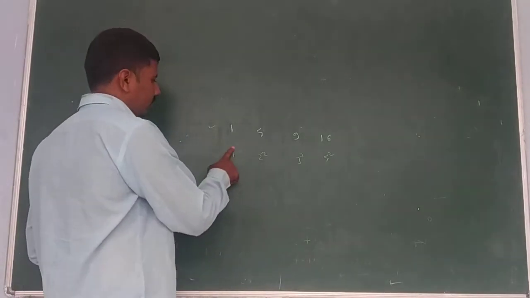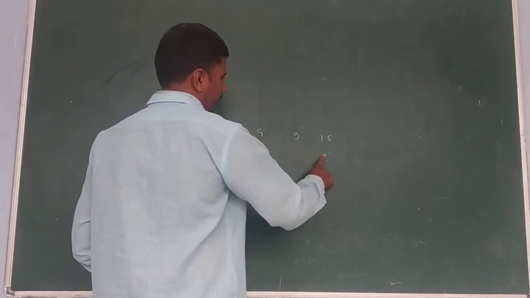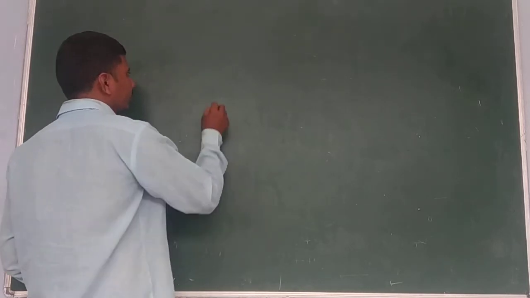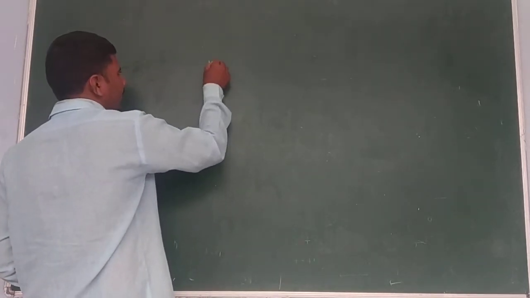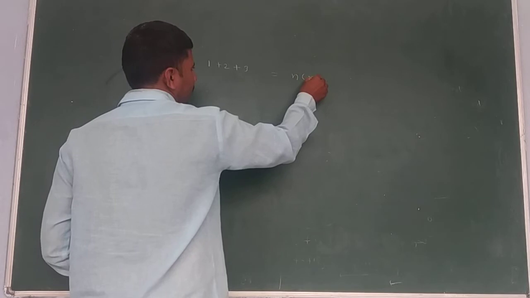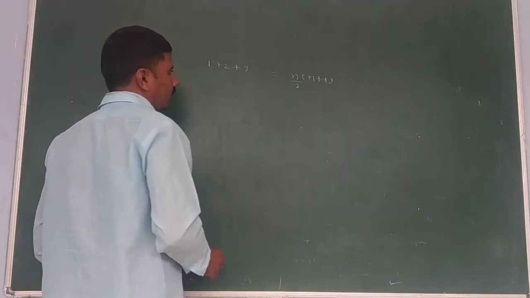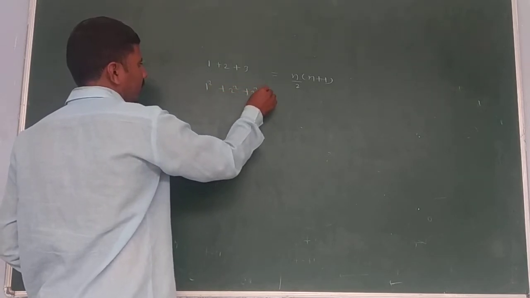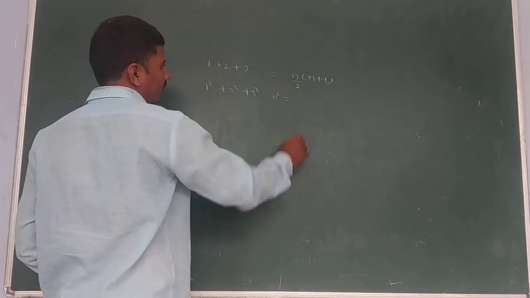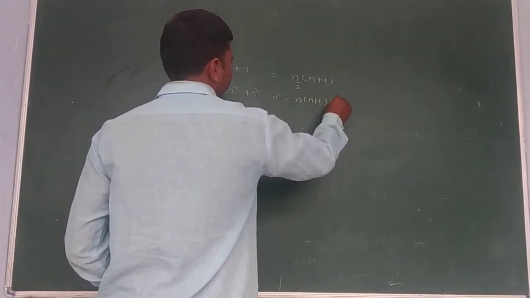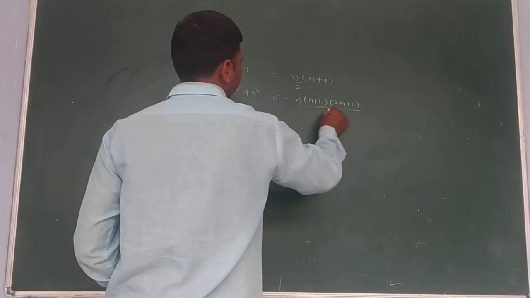So in the last lecture we learned some special kinds of series and their sums. The sum of n natural numbers is n into n plus 1 divided by 2. The sum of 1 square, 2 square, 3 square till n square is equal to n into n plus 1 into 2n plus 1 divided by 6.